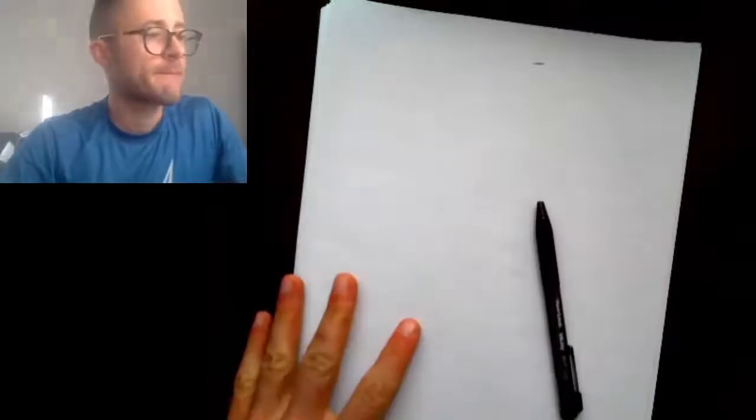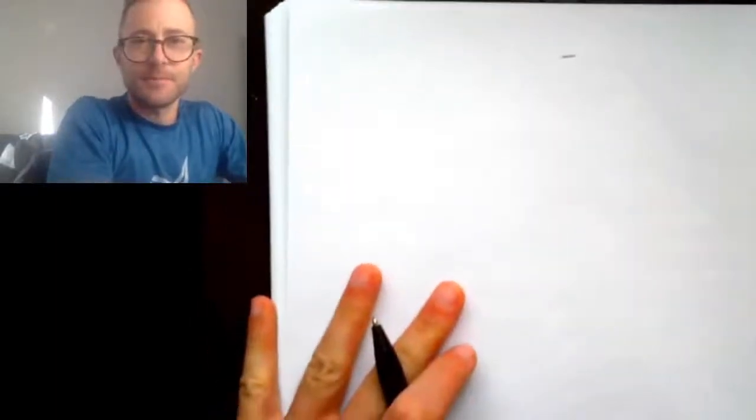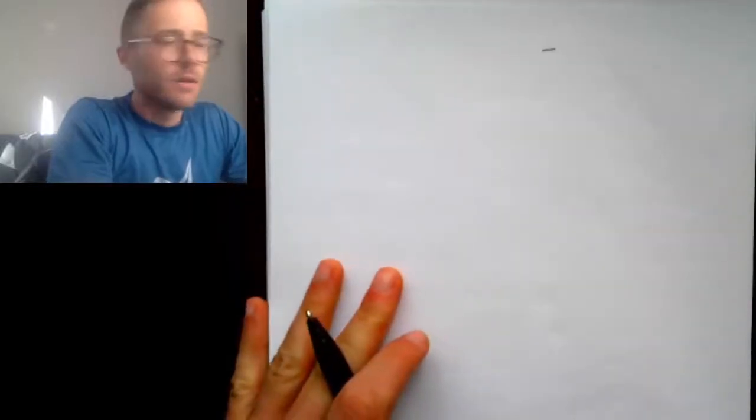All right. Do we have 20 people? We have 20 people. So I'm going to get started. Oh, I got to zoom in. And I need to autofocus.